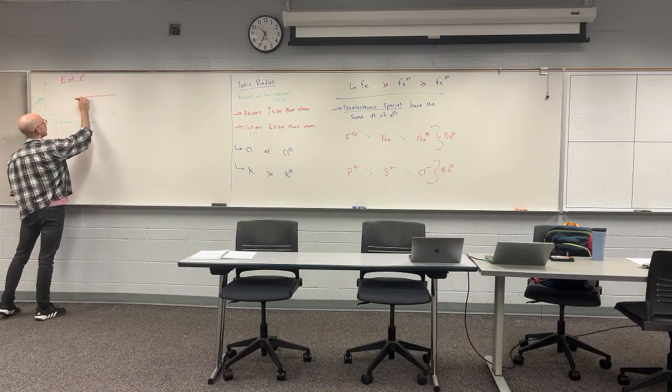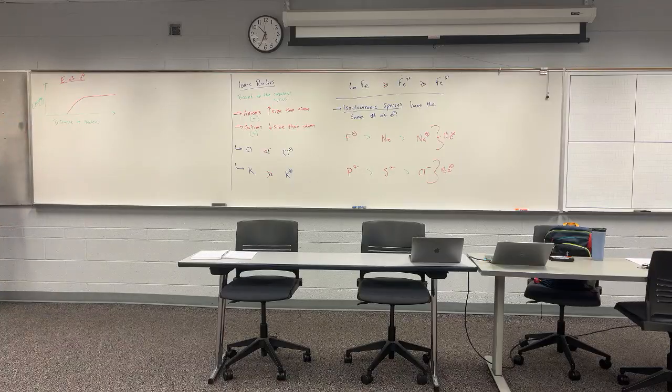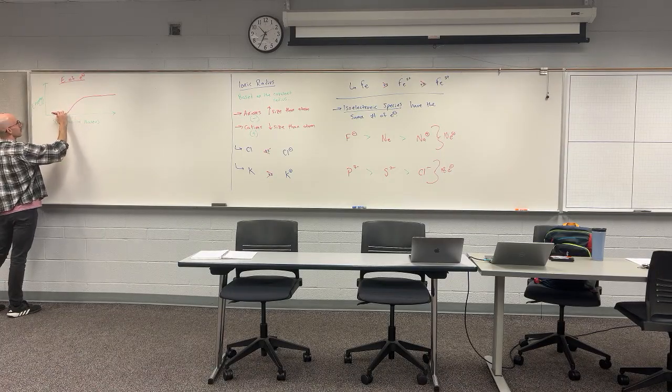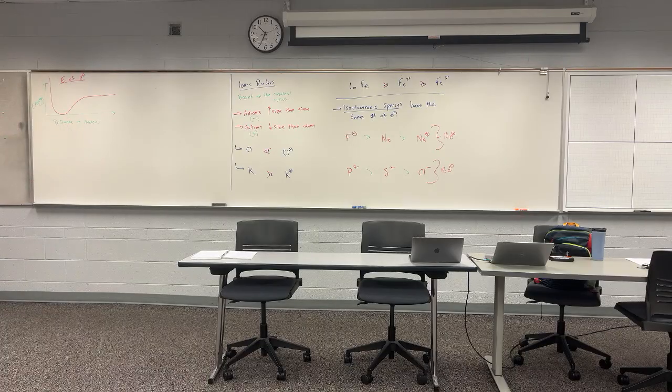They actually experience this grounding effect. They become more stable, lower energy, as they approach a nucleus, until they get too close, and then their energy skyrockets. The closer they get to a nucleus, the higher their energy. They actually have this sweet spot right here.